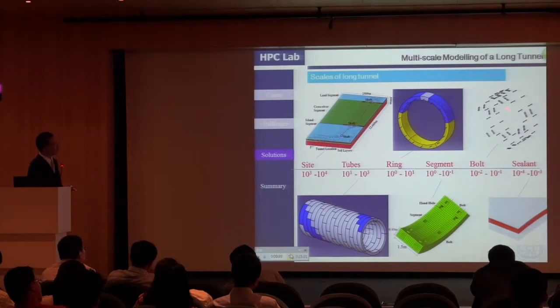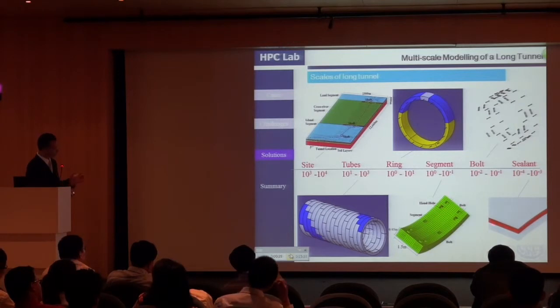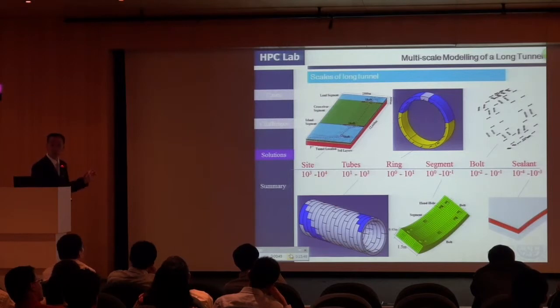It also consists of the bolts and also sealants. So the scale will be wider. If you want to know detailed behavior of the sealant in the huge size, we should constitute a method to solve it.